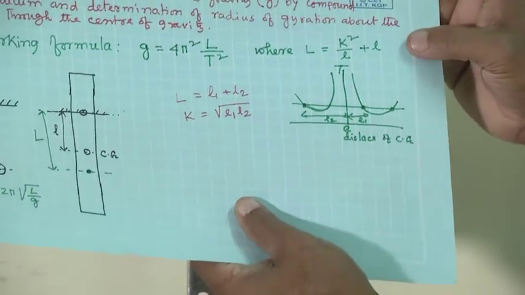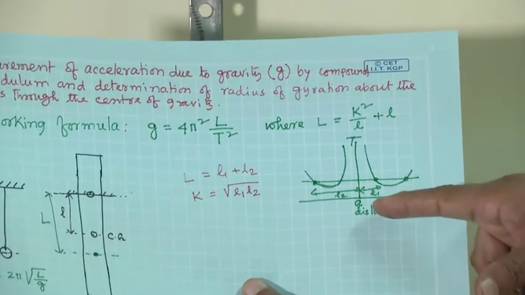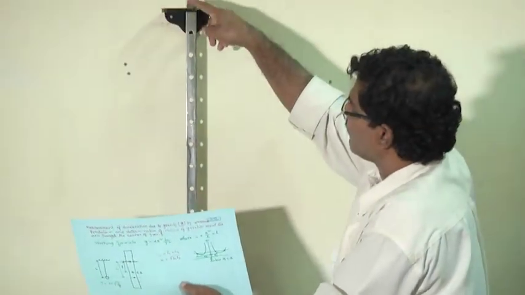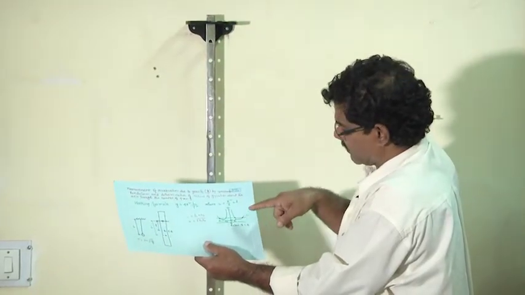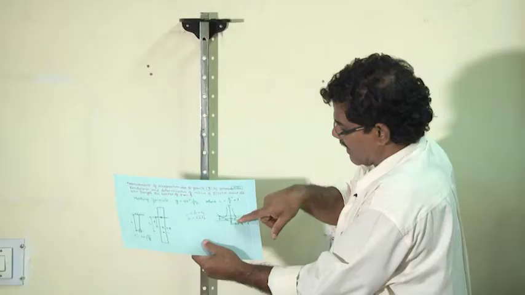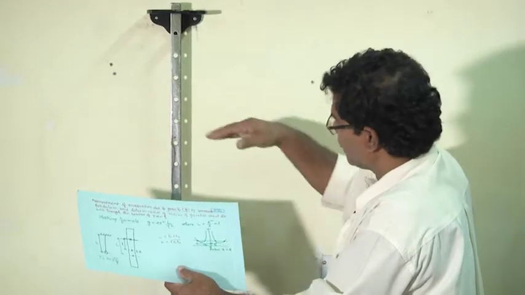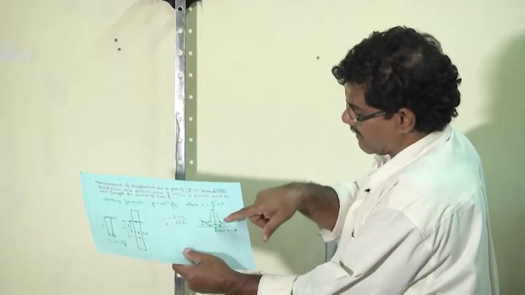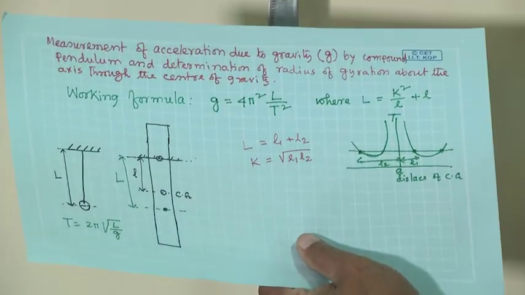Here, in the plot I have shown you, this is the distance of the center of gravity from the axis of rotation.